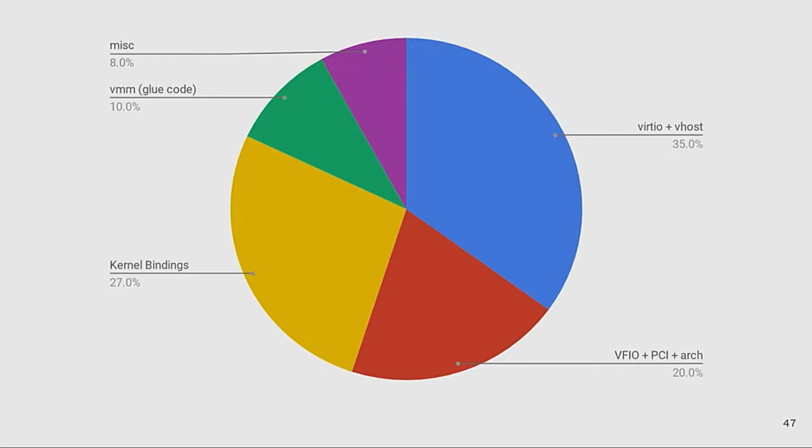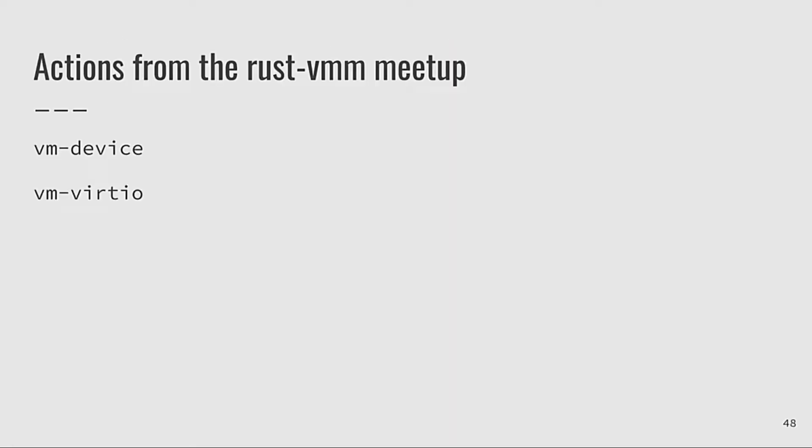So that gives us an idea of where we should put our resources on rust-vmm, which crate we should work on first. And as a matter of fact, a couple of weeks ago, we had a rust-vmm meetup in Bucharest, kindly hosted by AWS. We had a lot of interesting discussion, and we decided to put our efforts in the short term on the device model and on the virtio crate as well.